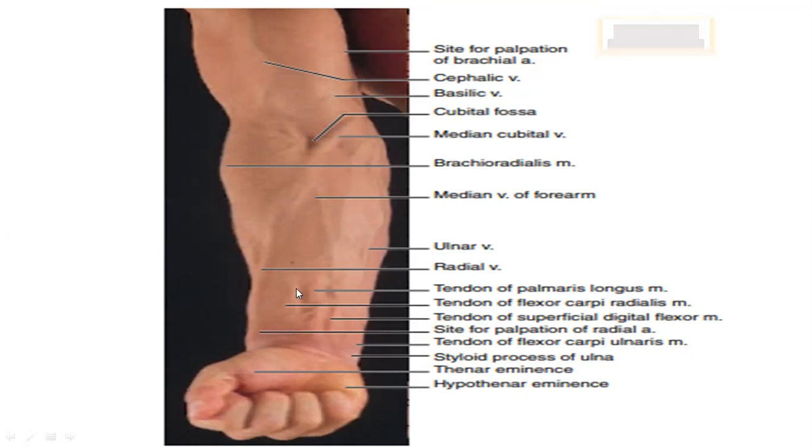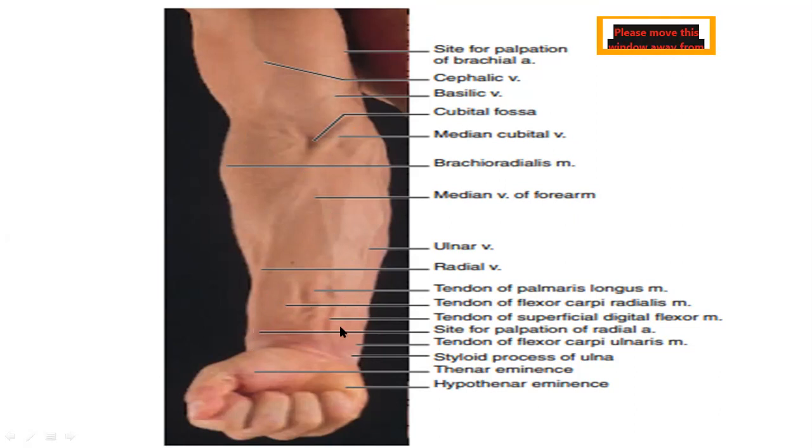Whatever tendon-like prominences we find here, these are all prominences produced by the flexor compartment muscles. So what are the flexor compartment muscles? We have already studied palmaris longus. Then we have flexor carpi radialis towards the radial side, isn't it?